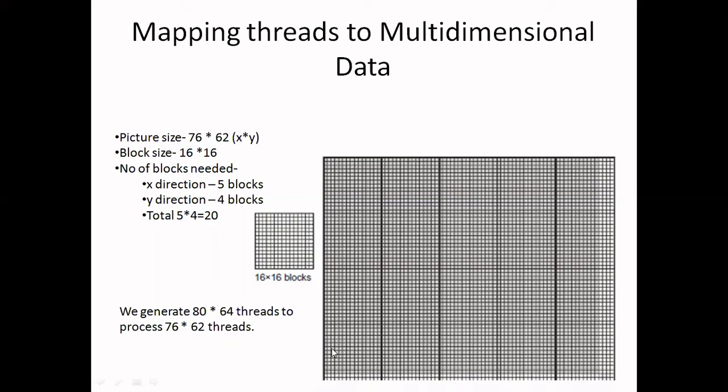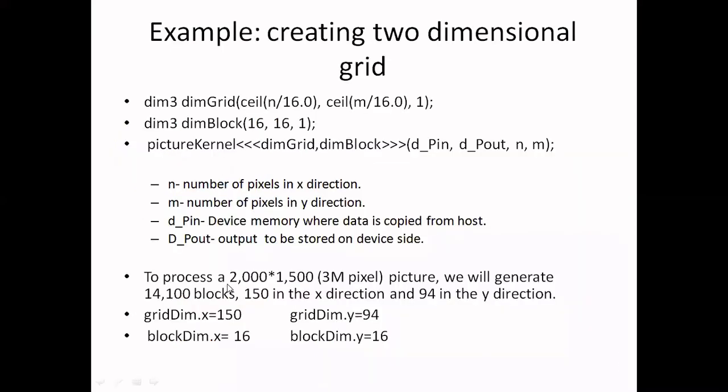Similarly, we will also check the y value. We will try to find the row and column value of each thread. So if the column value is above 75, we will not allow it. If the row value is more than 62, we will not allow it. So this is something that we will have to do.